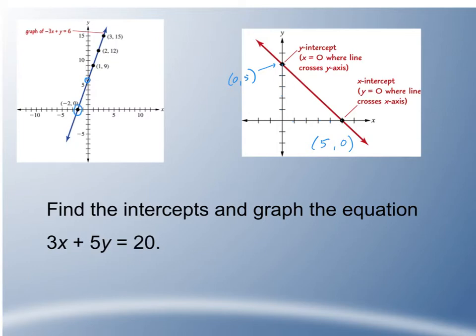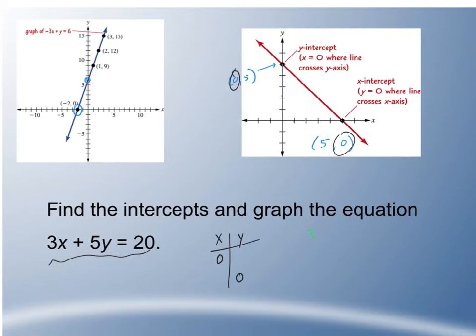Okay, so to find the intercepts, what I like to do is to make a little table. Notice here the x coordinate was 0, so I'm going to put a 0 in my x column. Here, the y coordinate was 0 up top, so I'm going to put a 0 in my y column. When x is equal to 0, that term drops out, right?